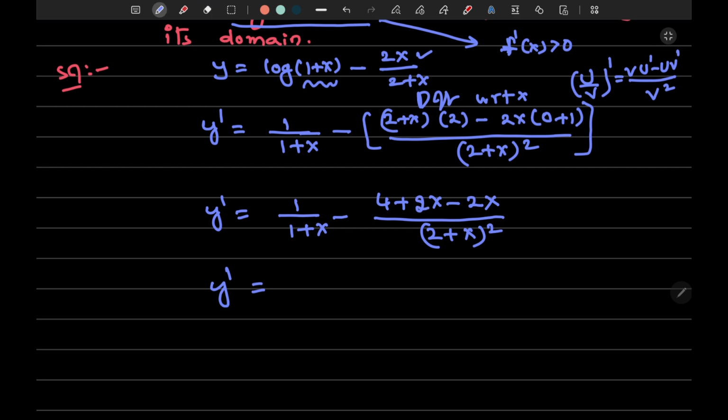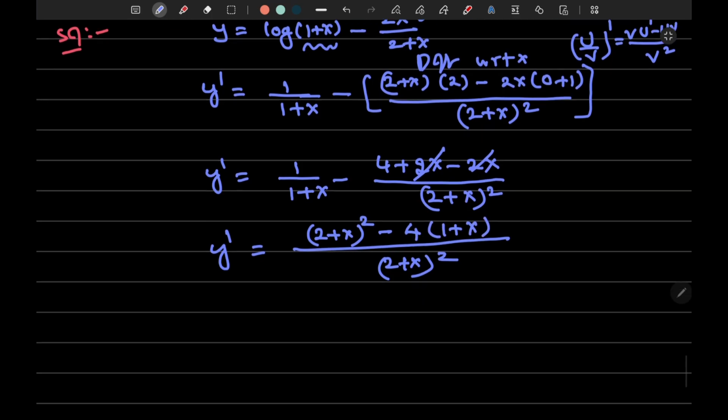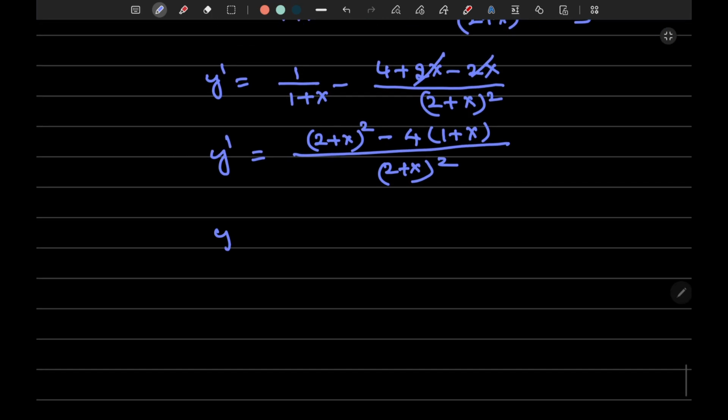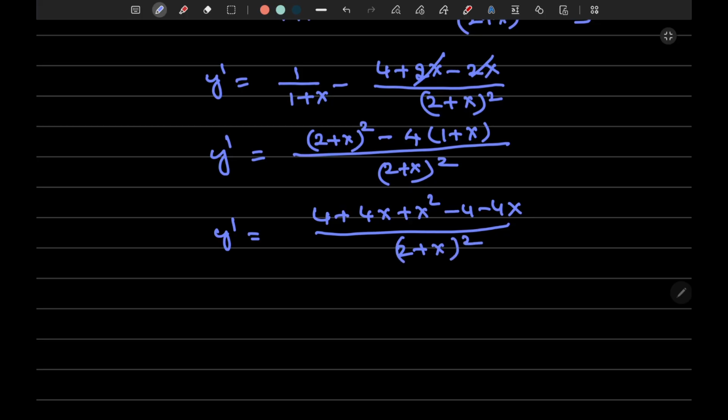So 2 times 2 is 4, plus 2x minus 2x. Then do the LCM. Here 2x cancels. If you do the LCM, it is 2 plus x whole square minus 4 into 1 plus x. When you simplify, y dash is equal to, expanding a plus b whole square, 4 plus 4x plus x square minus 4 minus 4x by 2 plus x whole square.